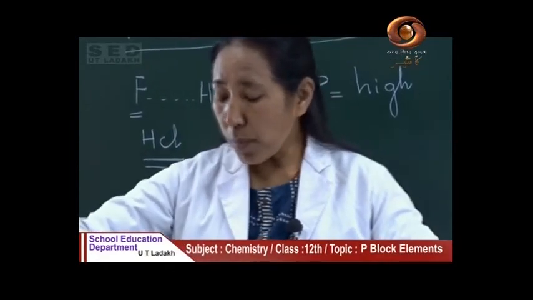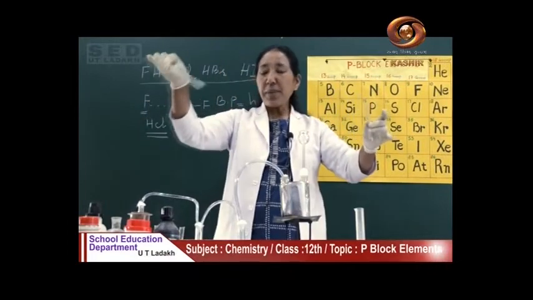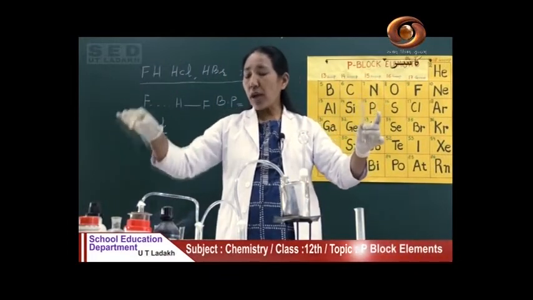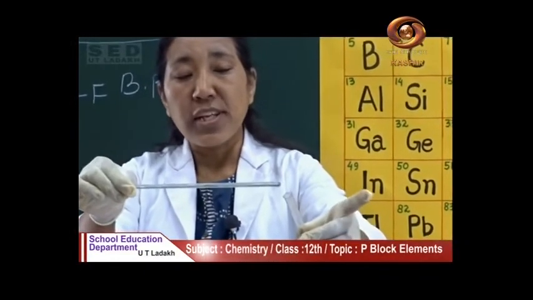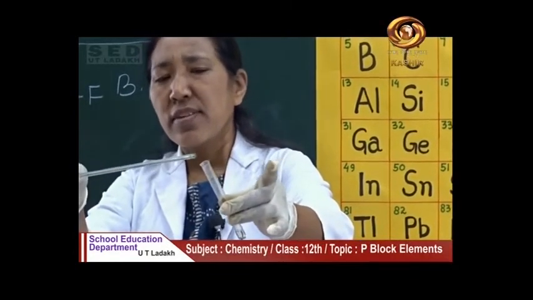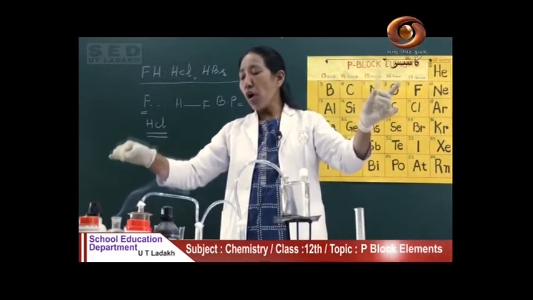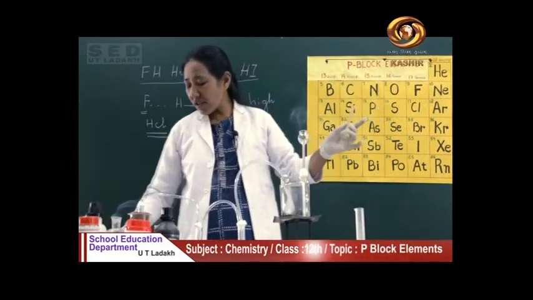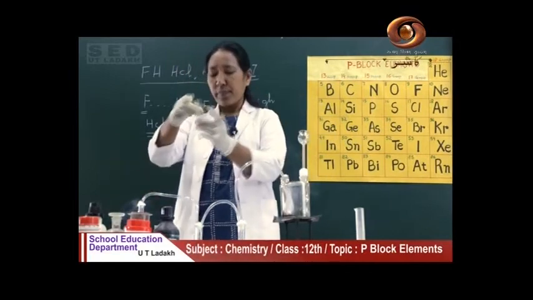If we dip a glass rod into HCl and take it near the mouth of the test tube, white dense fumes are observed. This is due to the presence of ammonium chloride. So HCl is a very strong acid in nature.